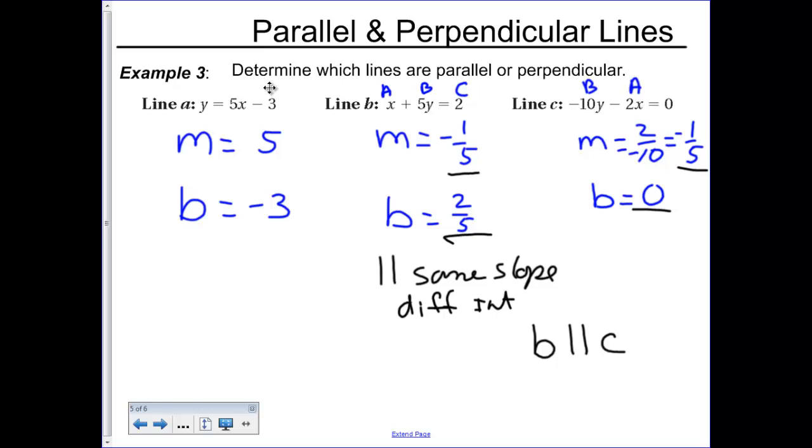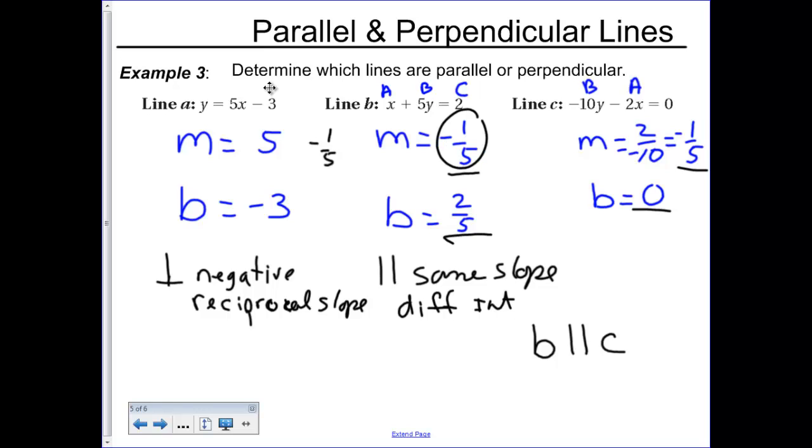To be perpendicular, we are looking for negative reciprocal slopes. I have a 5 here, so the negative reciprocal would be negative 1/5, which I can clearly see I have in 2 lines.